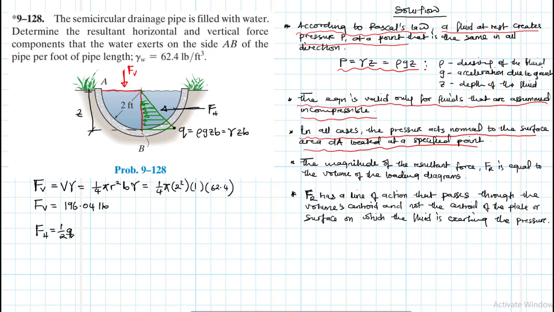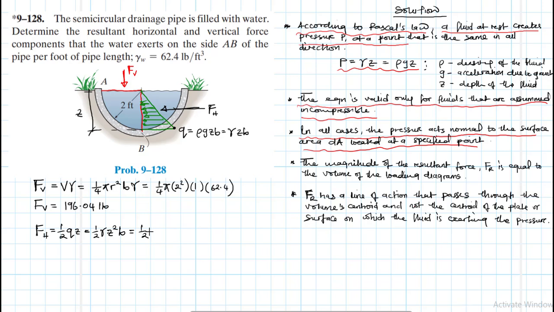So FH is equal to half times Q, which is this force per unit length, times z, which is equal to half times the unit weight, then z, there are two of them, z squared, then times b.